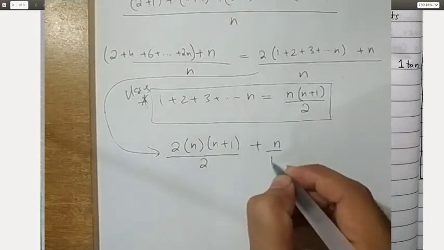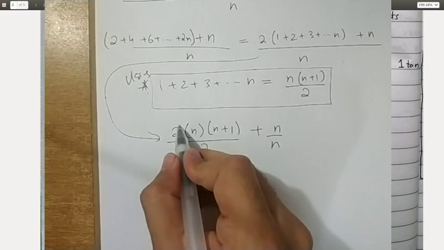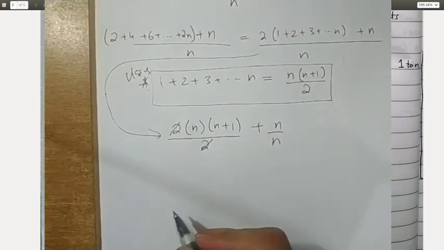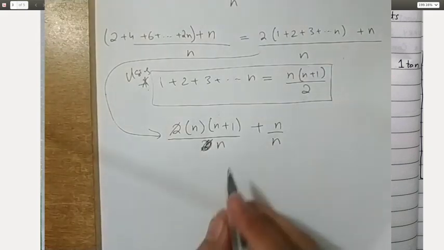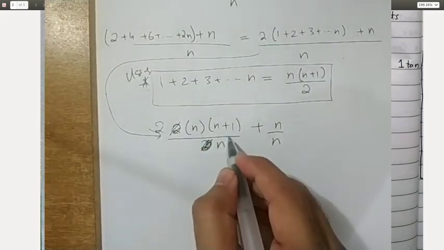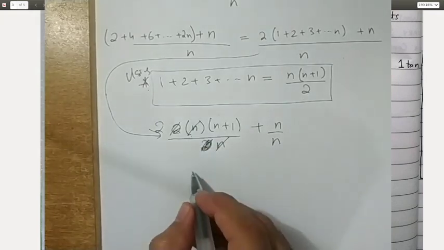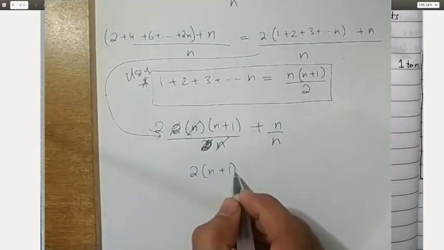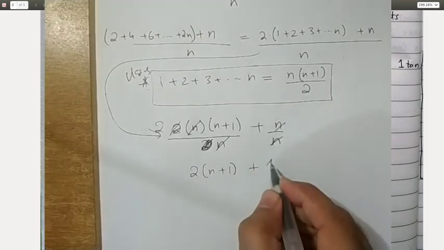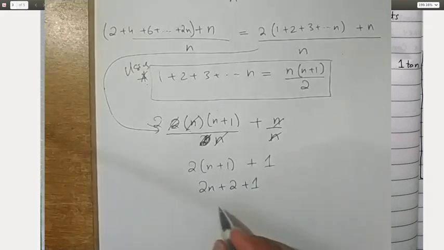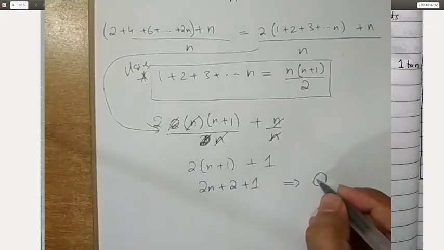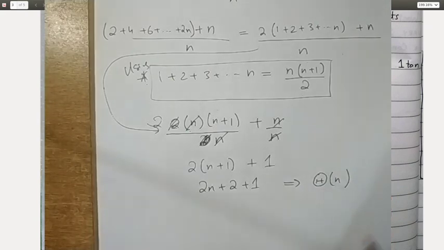So this 2 and 2 get cancelled out, and this n and this n get cancelled out, and what you have is n plus 1, plus the n upon n cancels to 1, so this was just simply 2n plus 2 plus 1, and so this is still theta of n. Okay. Any confusion?